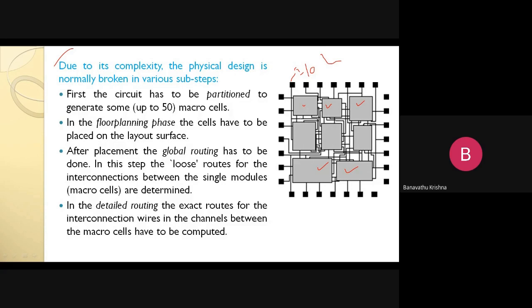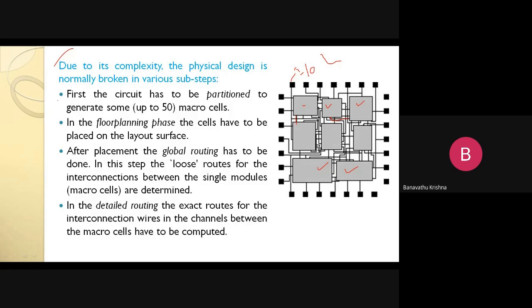How do we measure horizontal and vertical connections? Suppose, let us see here. This is the vertical connection, right? And here, this is the horizontal connection, right? This is the way the connections are made. This is generally a layout for a physical design, right?